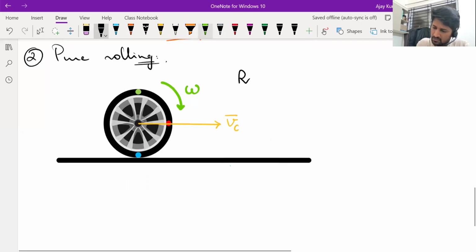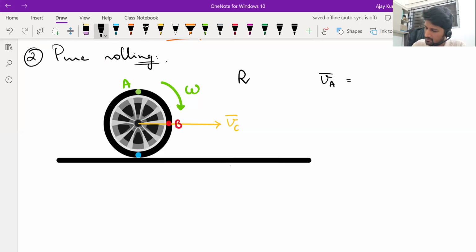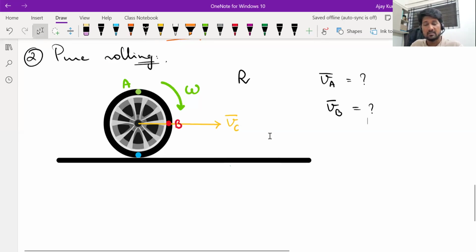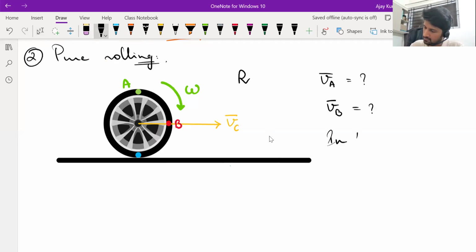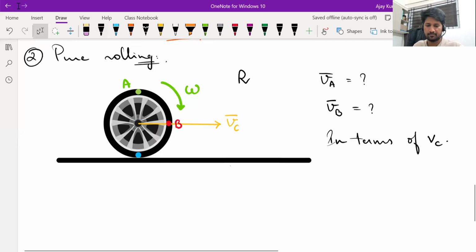Derive velocities of the topmost point, let's call it A, and the point which is at the same horizontal level as the center of mass, let's call it B. Derive velocities of points A and B. And the answer should be in terms of VC. Try. I'll give you all 2 minutes.